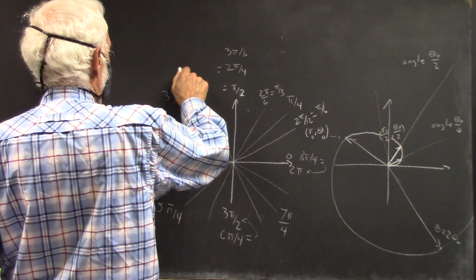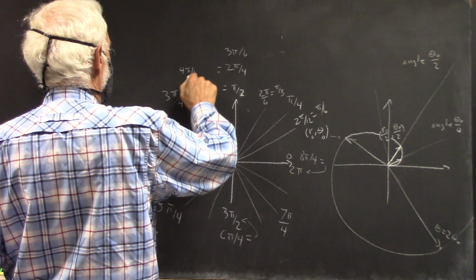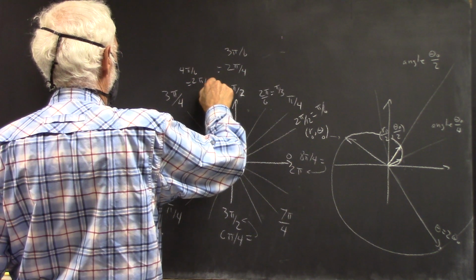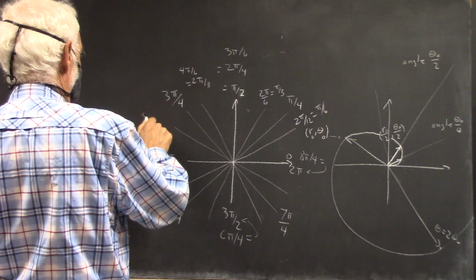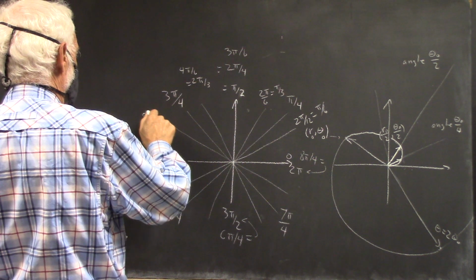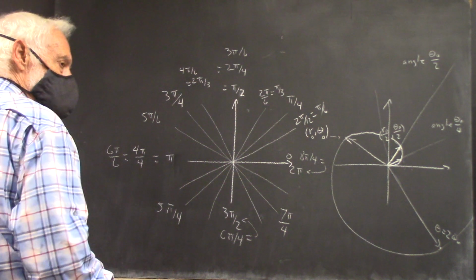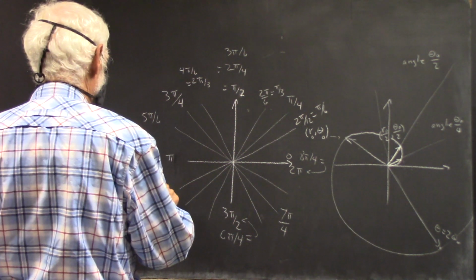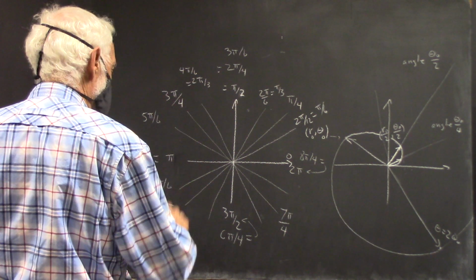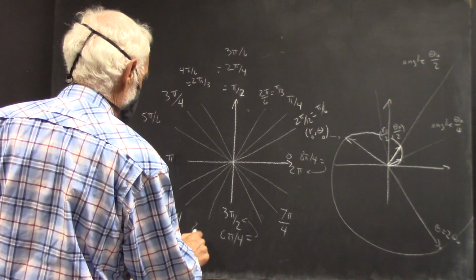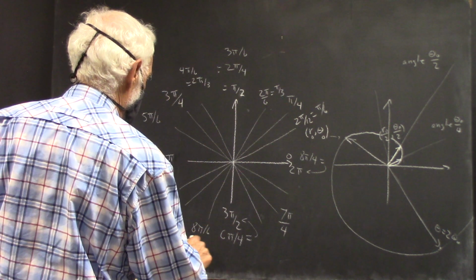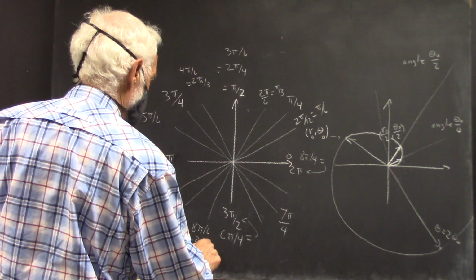You got 4 pi over 6, which equals 2 pi over 3. 5 pi over 6, which doesn't reduce. 6 pi over 6. 7 pi over 6. What comes next? Well, it's 8 pi over 6 equals 4 pi over 3.